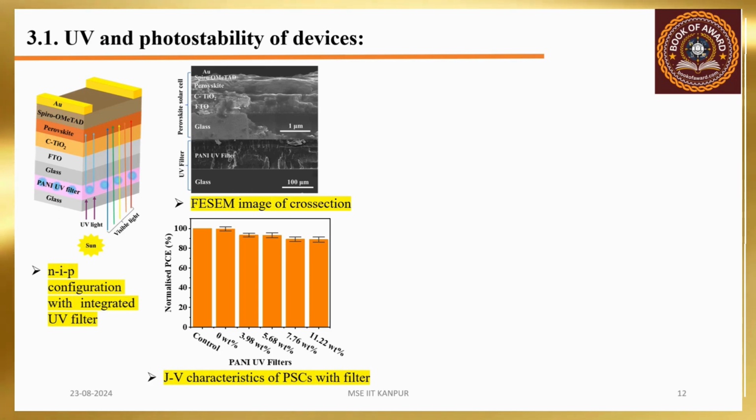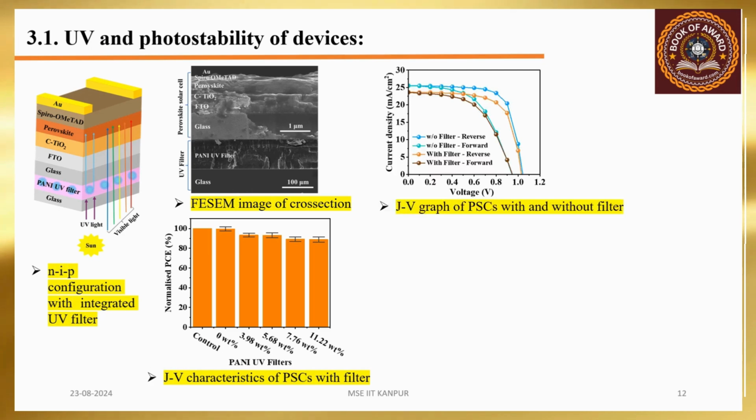and also for JV measurement with the Pani UV filter. So this is the current density versus voltage graph of perovskite solar cells with and without filter in reverse and forward bias. In reverse bias, with and without filter, current density is slightly reduced due to the scattering and some absorption of photons of sunlight due to the Pani UV filter.